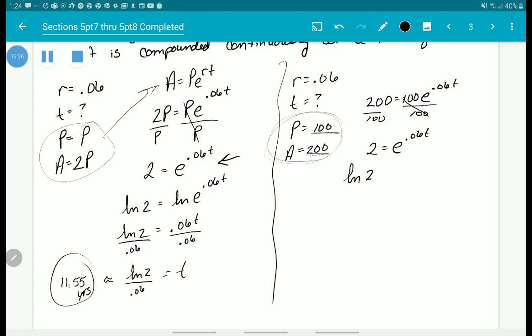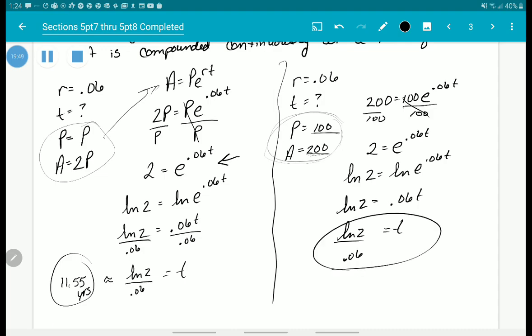You're always going to get the same answer. Divide by 0.06. That exact value is going to be the same on both of those. So that's a fun problem.